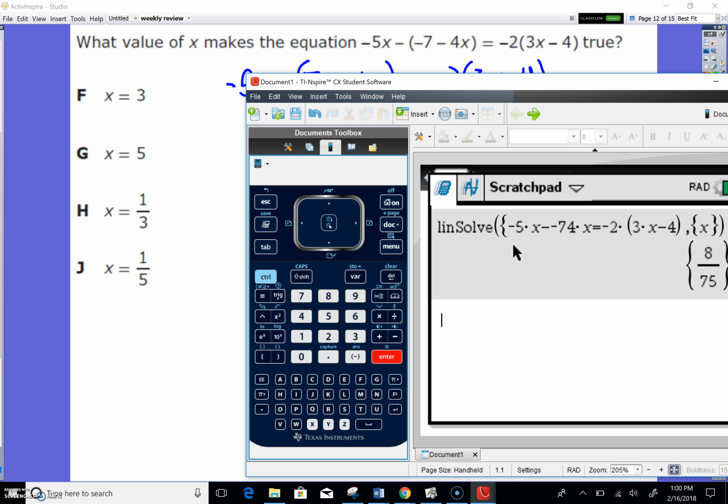Ooh, that doesn't look right. -5x. I forgot something. I didn't type that in correctly.